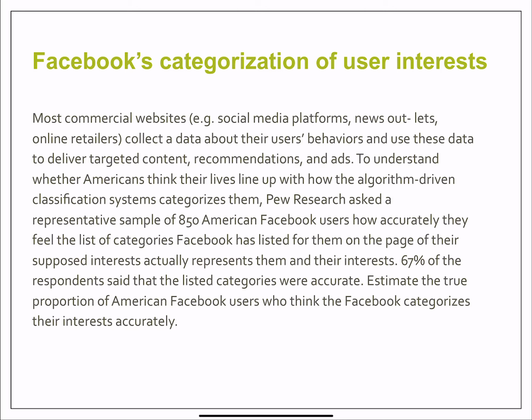To understand whether Americans think their lives line up with how the algorithm-driven classification system categorizes them, Pew Research asked a representative sample of 850 Facebook users how accurately they feel the list of categories Facebook has listed for them on their page of their supposed interest actually represents them and their interest. 67% of the respondents said that the listed categories were accurate.